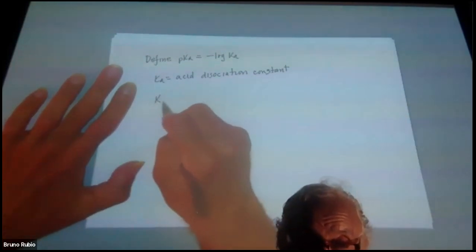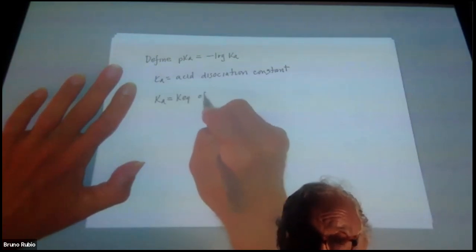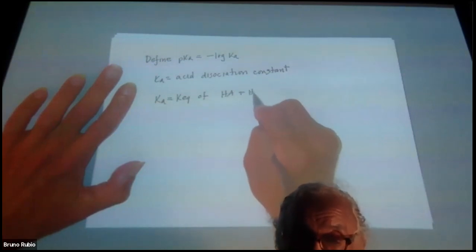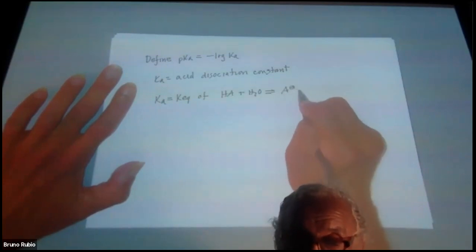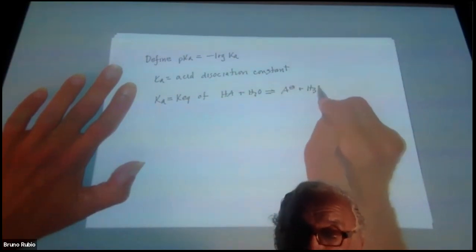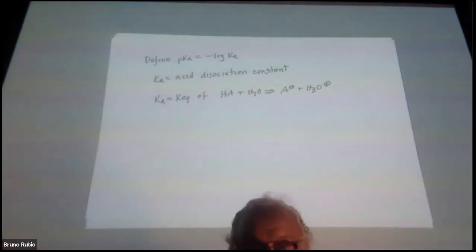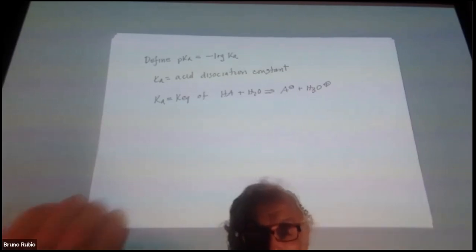And the Ka is defined as the equilibrium constant of this reaction that we've been talking about, what happens when an acid reacts with water and trades off a proton to the water molecule, becoming A- in the process and converting water to the hydronium ion. So instead of talking about Ka, we like to talk about a pKa. It's simply computationally more simple.